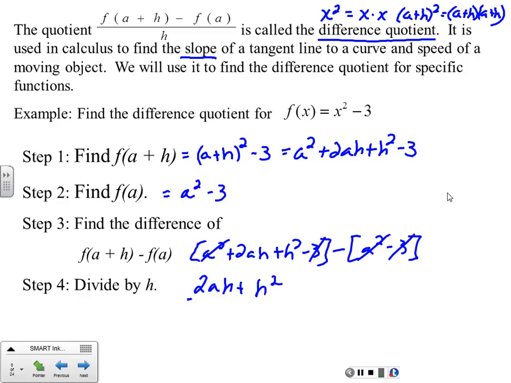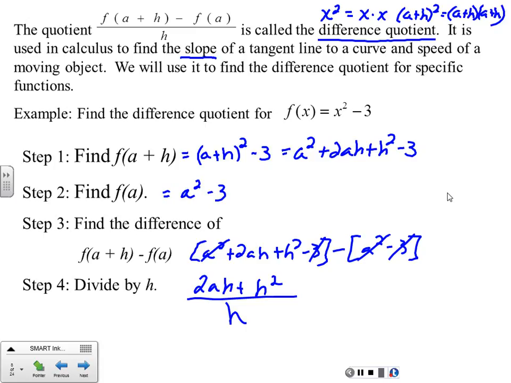And then the last step, divide by H. Okay. So, remember from algebra again. This is another indicator to know that you did this right. When you get to this step, in order to cancel your H's out, there has to be an H in every single term. If there's not an H in every single term, you can't divide. Okay?